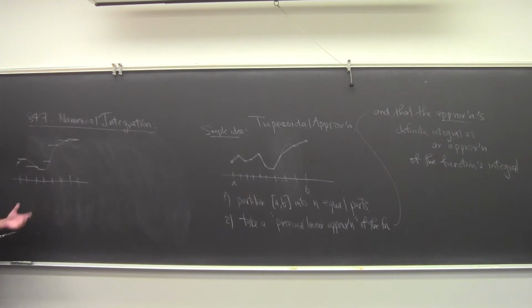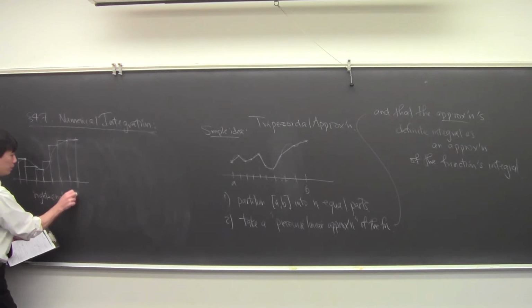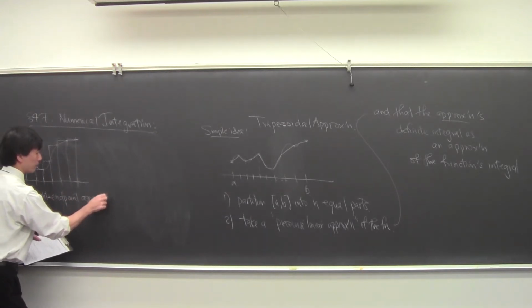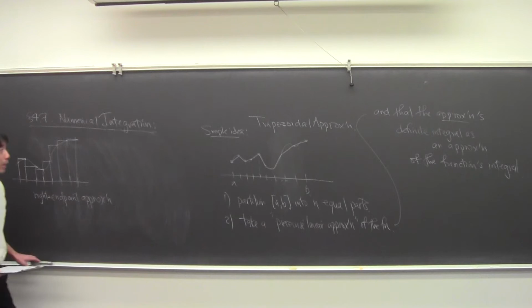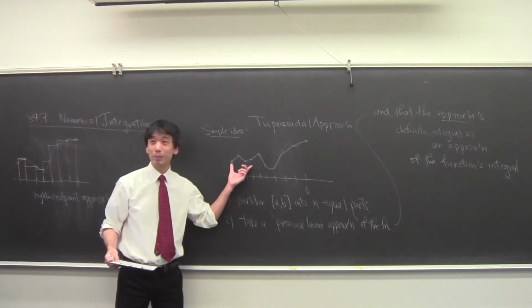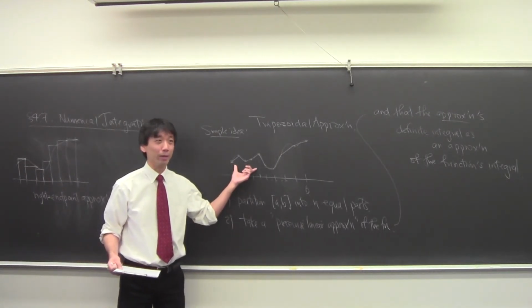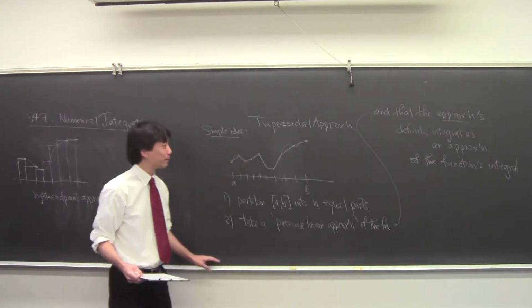You have this thing called the right endpoint approximation, where you divide the base into n parts. You take the right endpoint as your height, and you use that to approximate the area. And you can see that maybe the trapezoidal approximation might give you something a little bit better than the right endpoint approximation, right?